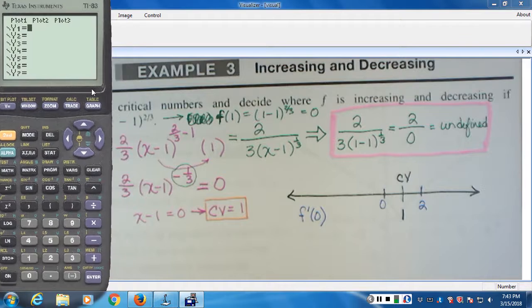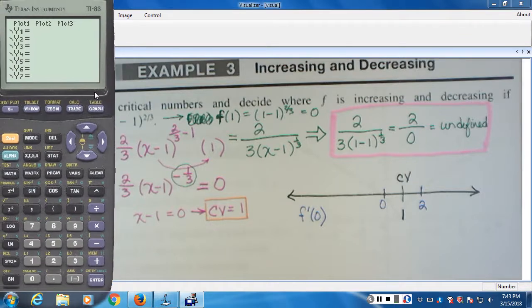Now, we could actually use n deriv here since we're going to do this numerically, but I'll plug in the derivative. So there's the derivative the way that we figured it out.